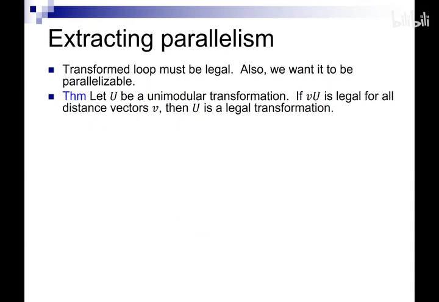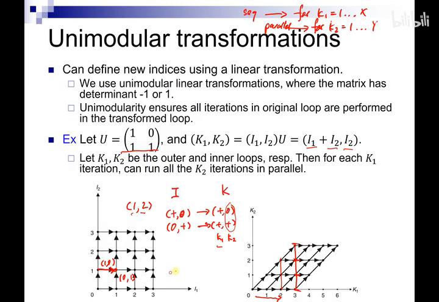So we can make a theorem out of that: if we have a unimodular transformation that takes us from the I iterations to the K iterations, and all of the distance vectors in these K iterations are legal, then you have a legal transformation. Then it's actually okay for us to transform from these I iterations to these K iterations via this U matrix.